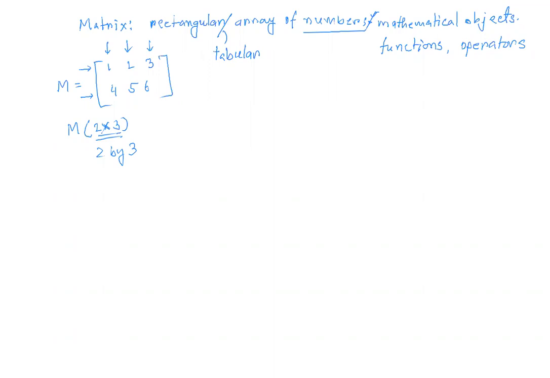That means it has 2 rows and 3 columns. In general, if you have a matrix A, it has number of rows m and number of columns n, then we would write A m by n, which means that it's a matrix that has m rows and n columns.